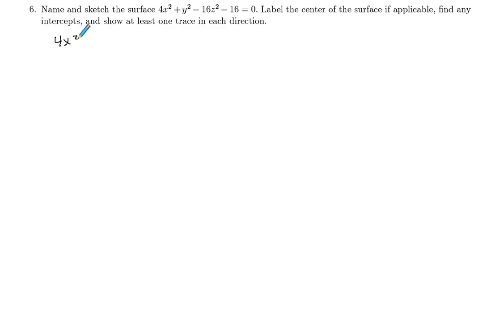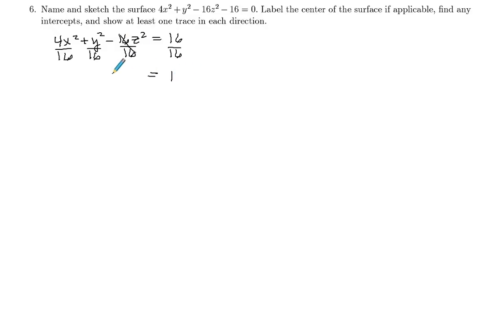So let's put it in standard form. So plus y squared minus 16z squared. Let's add 16 on both sides, so this comes over as a positive 16. We want to have a 1 on the right hand side, so divide through by 16. Whoops, that's a y squared. And so we get a 1 on our right hand side.